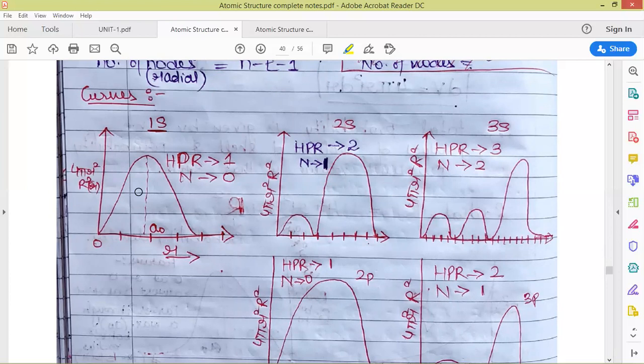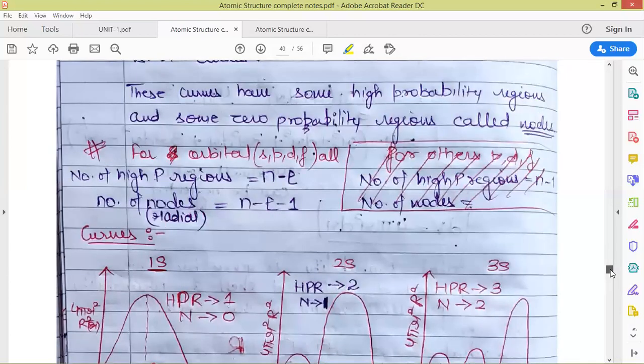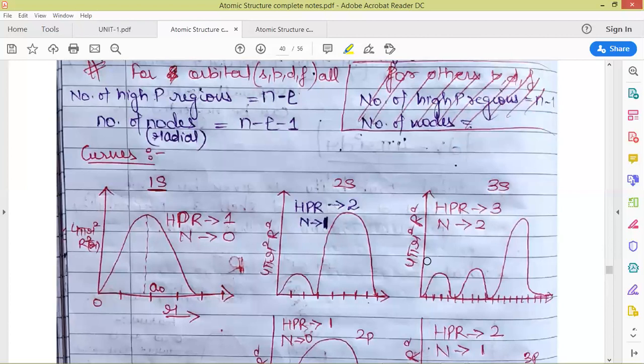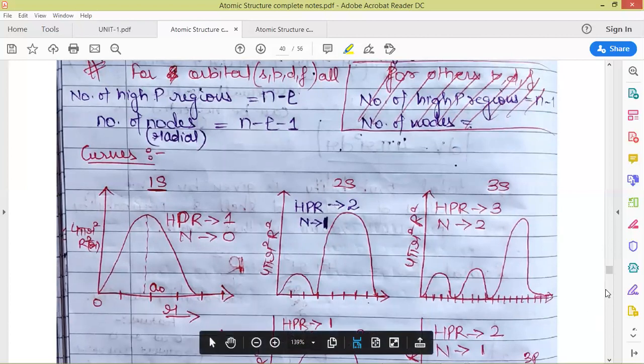As for 1s orbital, this is bigger, but for 2s orbital, this is a small hump, and next we have a bigger hump. This is based upon the size of the shell which we are defining, where the probability of finding the electron is there. So as we move from 1s to 3s orbital, the size of the shell is increasing.